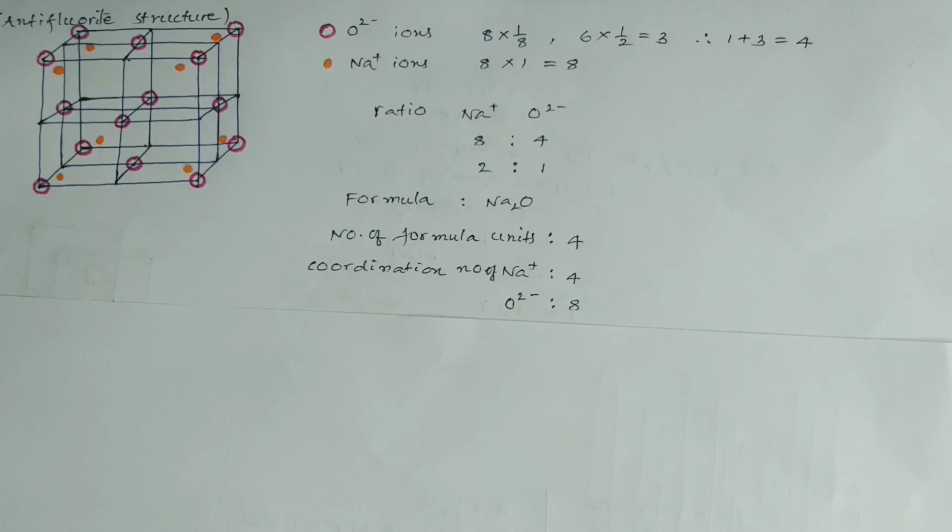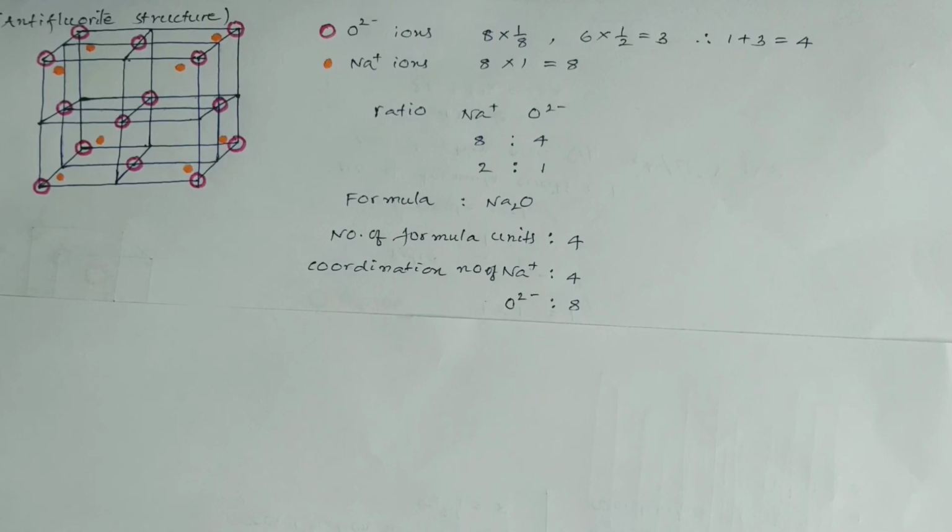So this is the structure of calcium fluoride. Sodium oxide structure. This is also known as anti-fluoride structure. Why? Because in fluoride structure, the cations make the lattice points, whereas smaller anions will occupy tetrahedral voids.